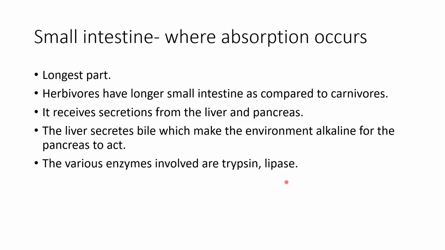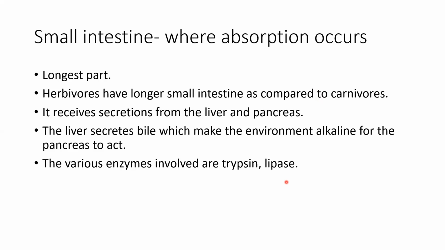Okay, so what else happens in your small intestine? Your small intestine also receives secretions from your liver and pancreas. You all know the pancreas releases insulin, glucagon, and somatostatin, and your liver is capable of releasing bile, which is stored in a small organ known as the gallbladder. The function of bile is actually two things.